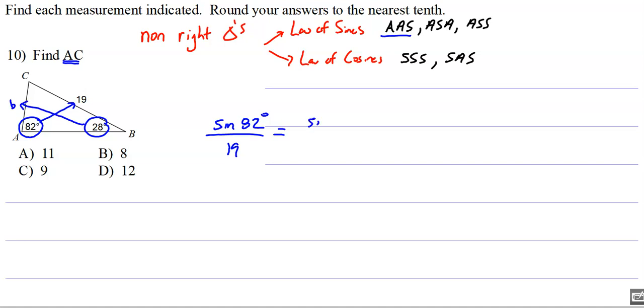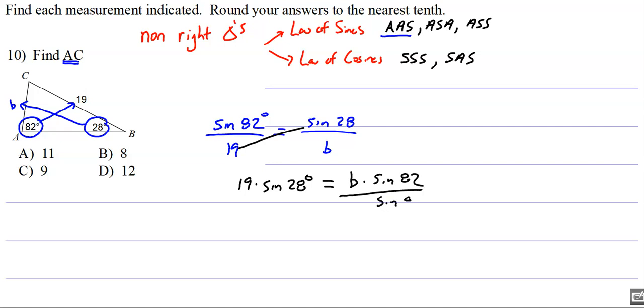So sine 28 over little b, cross multiply: 19 times the sine of 28 degrees equals b times the sine of 82. Divide, and let's see what we get. 19 times sine 28, divided by sine 82, bam, 9.00. So it looks like we've got an answer there of C.